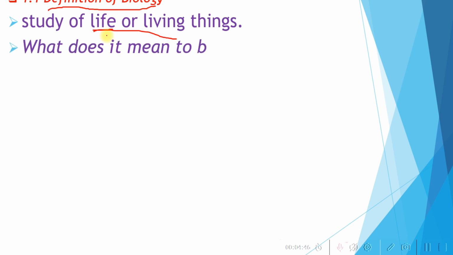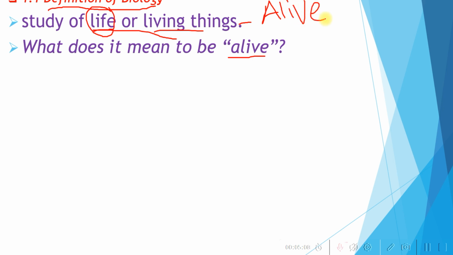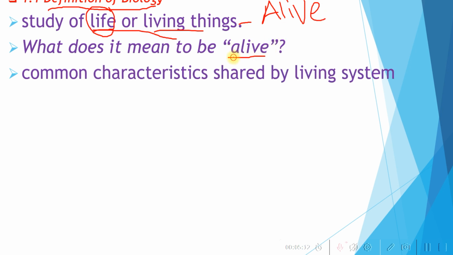So what does it mean to be alive? Since biology is studying life or living things, which are alive, what do you mean when you say something is alive? When something is alive, it is difficult to define life.